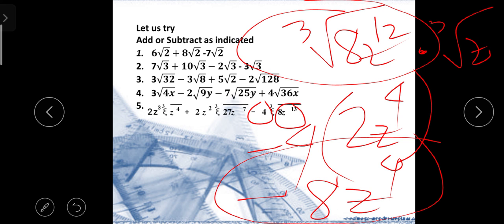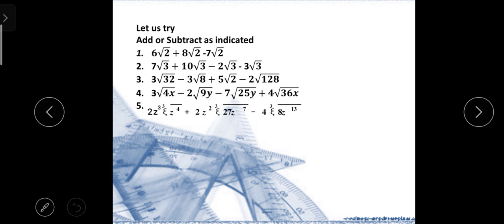Okay? Next. So, after natin i-add lahat ng pare-pareho dun sa labas, yung ating common na term na naiwan ay cube root of z.